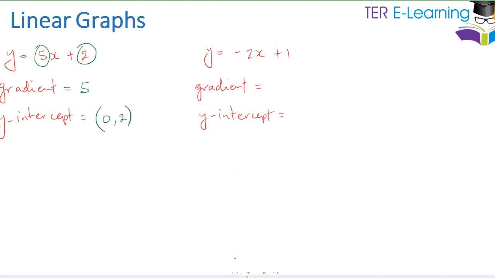So I have y equal minus 2x plus 1. What is my gradient and what is my y-intercept? Yes, Sharice, once it's a y-intercept, the first coordinate will always be 0.